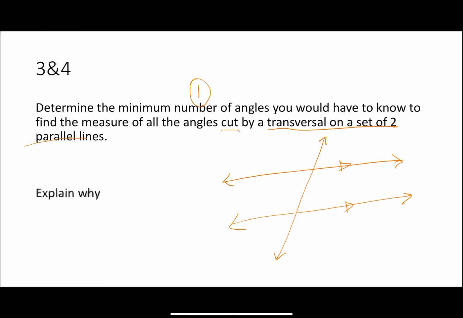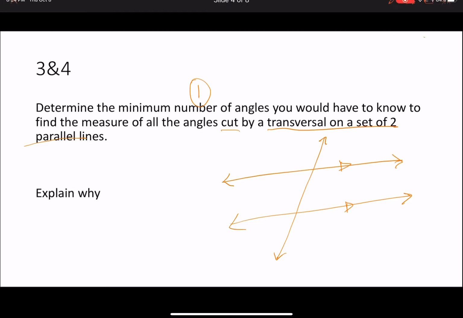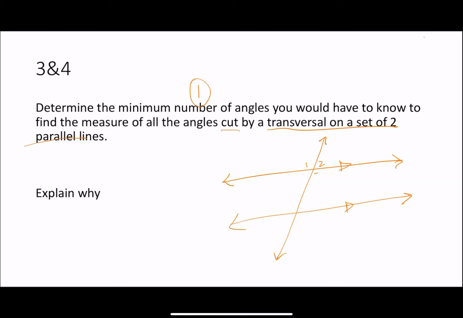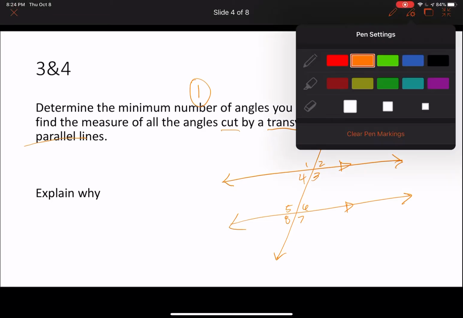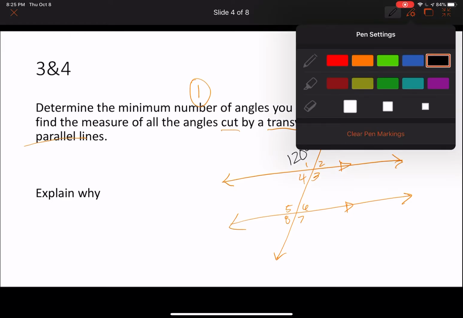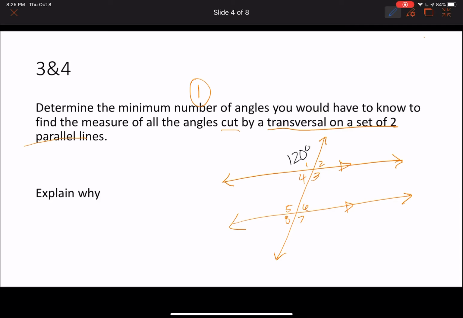Now, the explanation why is that if I were to give you one of these angles, say I told you that angle 1 is 120 degrees. Well, then you could figure out all the rest of them. So right here, you could figure out that angle 2 is 60 degrees because it is supplementary to angle 1.